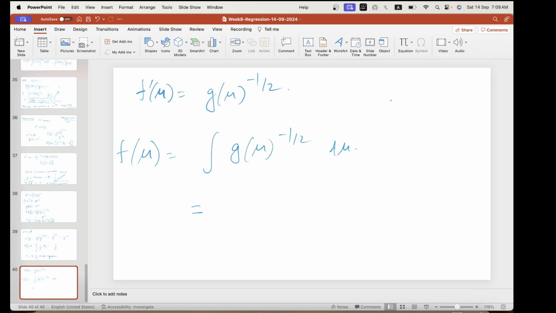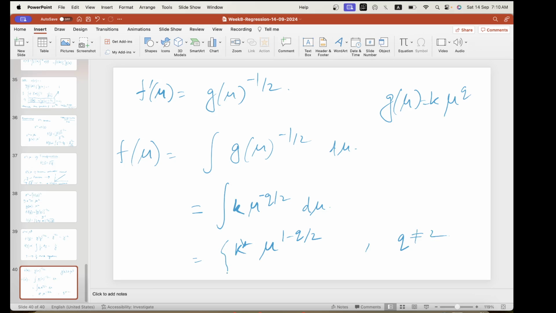So if g mu holds this form k mu to the power q, then this would be the integral of k mu to the power q by 2 d mu, and that would be k star mu to the power 1 minus q by 2, if q is not equal to 2, and this would be some k star log mu if q is equal to 2.